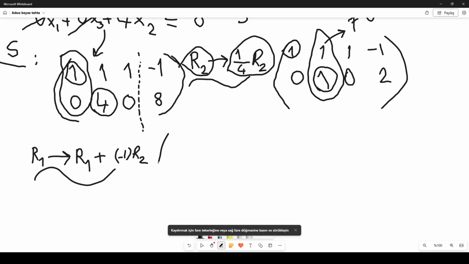So the matrix becomes 1, 0, 1 and minus 3, whereas the second row remains unchanged. I just plug the values as they are, 0, 1, 0, 2.